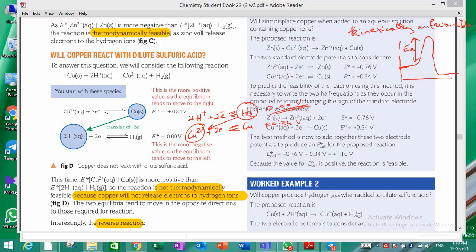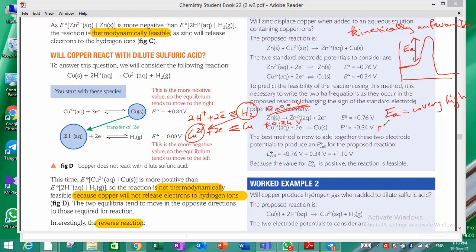So if we have a reaction that is thermodynamically favorable or feasible, but it does not take place, this means that the activation energy of this reaction is very high.